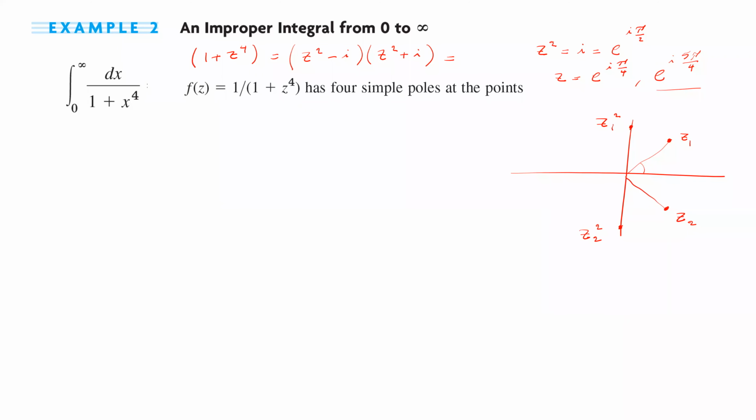So if z squared is i, one of the answers is this, the other answer is this. Because if you double this angle, it comes back here. Yeah, negative, plus minus.